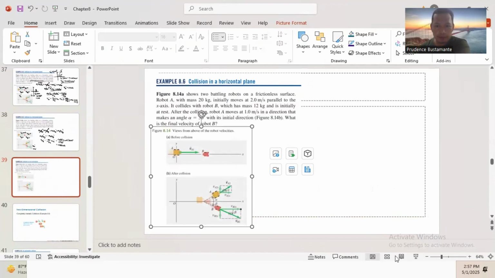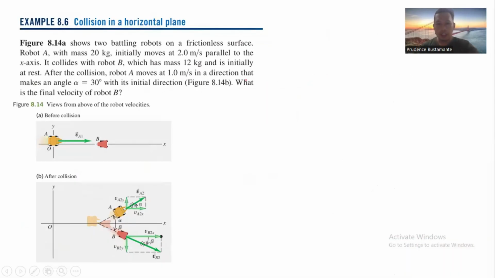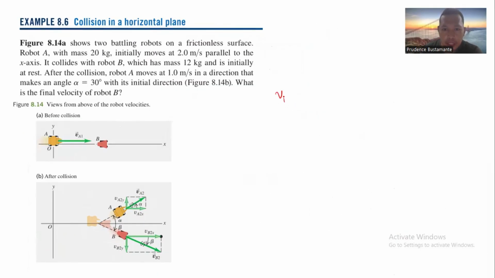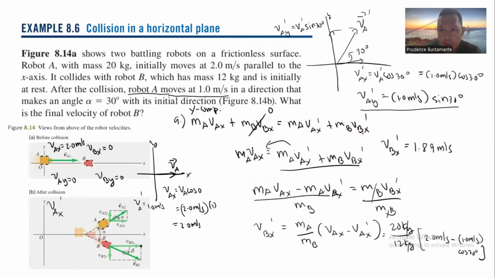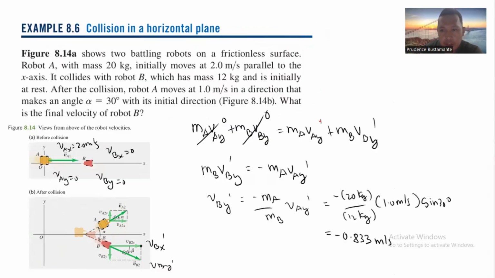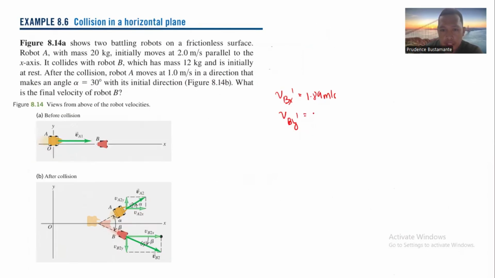So our results from the previous calculation are that our VBX prime is equal to 1.89 and our VBY prime is equal to negative 0.83.